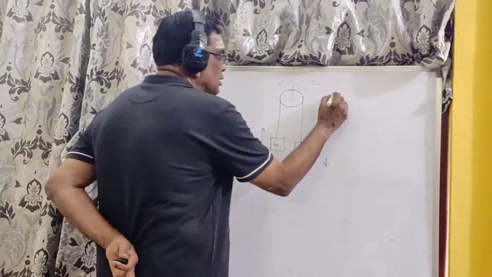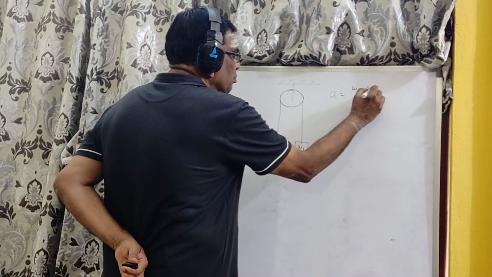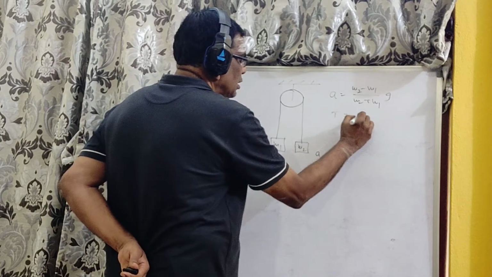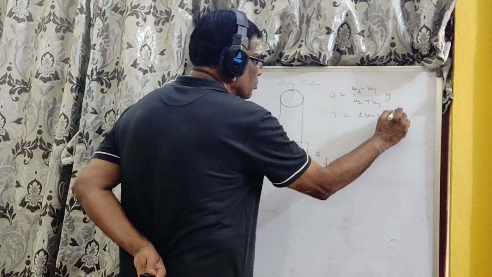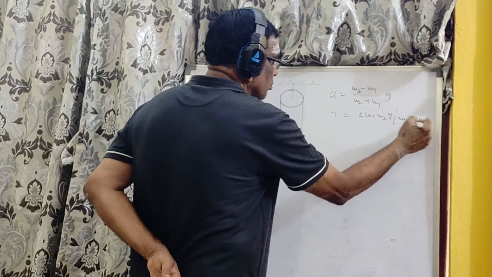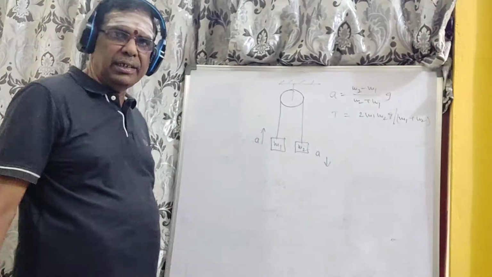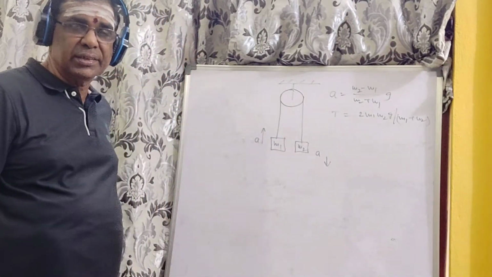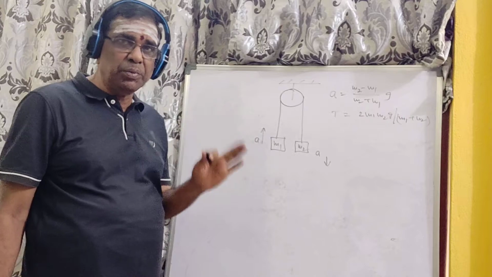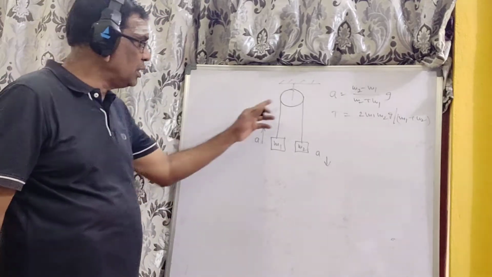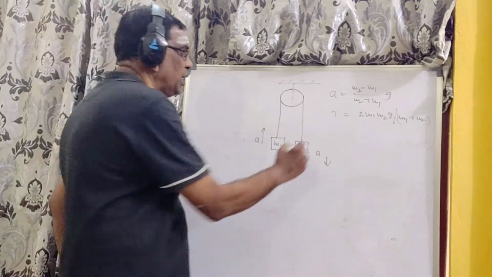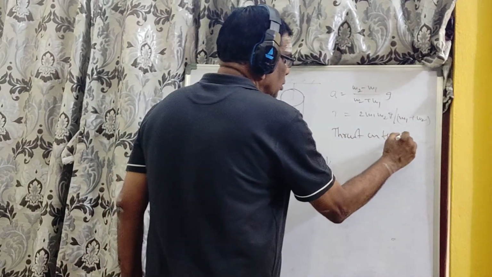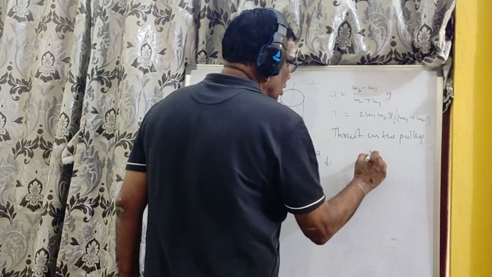If that is the case, A will be (M2 minus M1) g over (M1 plus M2), and T is equal to this. This is a standard way of writing for any Atwood machine where the pulley is fixed, and the thrust on the pulley, be careful that here it is going to be 2T. Thrust on the pulley, I made a mention of that.